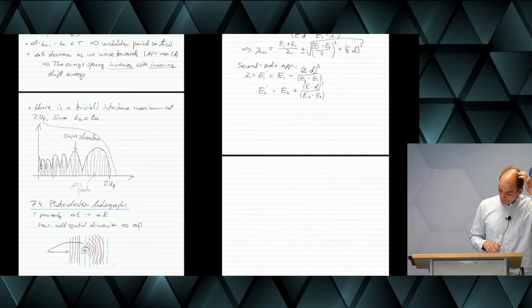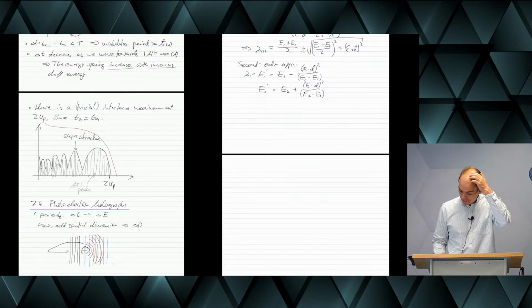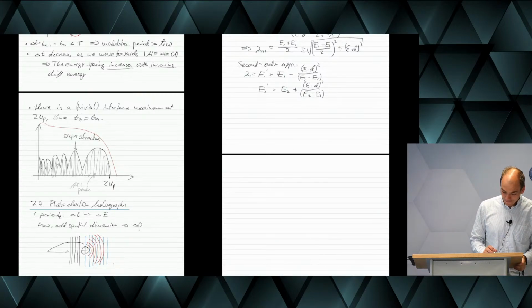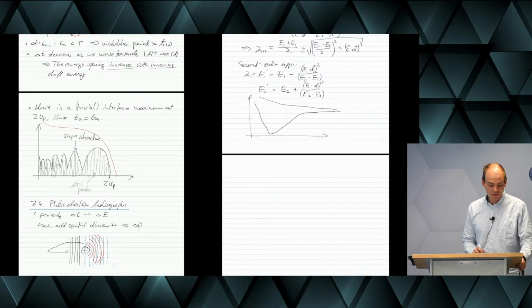And so when we plot this, what you get is essentially, for low field strength, the regular shape of the curves, which look something like this, and then they go towards the same value.